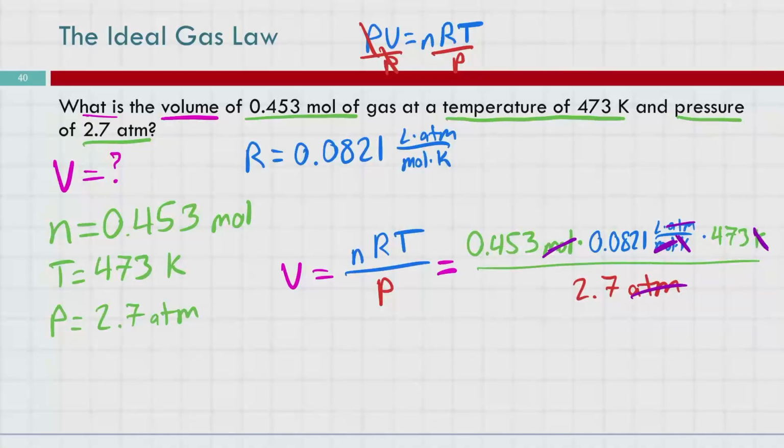And the units that are left over are liters. And then it's a calculator drill. So multiply everything on the top, divide everything on the bottom, and then we round to 6.5 because our atmospheres only has 2 sig figs. So 6.5 liters.